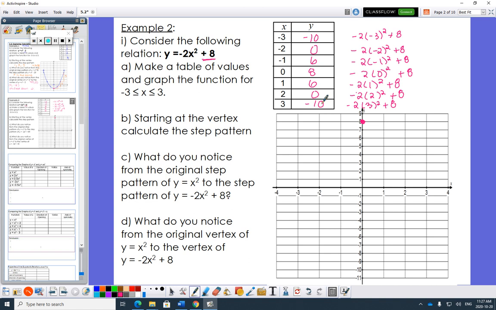So now we can make our parabola. And again, hopefully, I think this grid is good. You can see it.